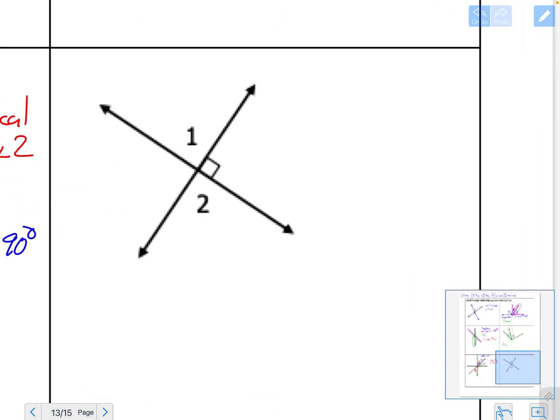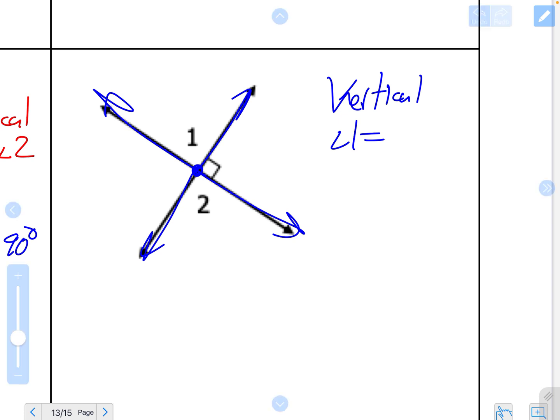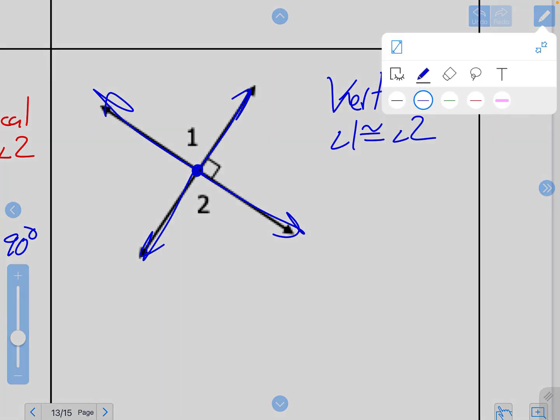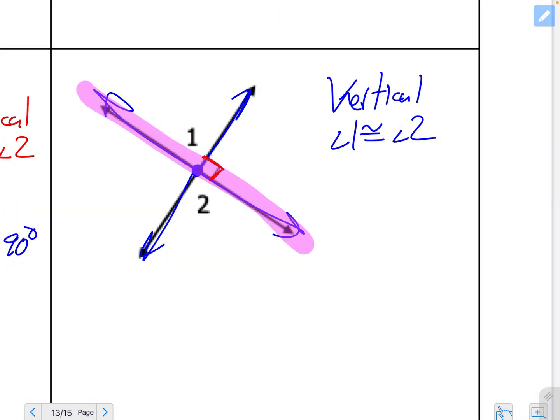All right, and our final example. Again, we've got the same vertex, and we've got opposite rays. And since we have 2 pairs of opposite rays, we know they are vertical. We know that angle 1 is congruent to angle 2. Because we have a straight angle here, and this is marked with a 90-degree box, I know that angle 1 is also 90 degrees.